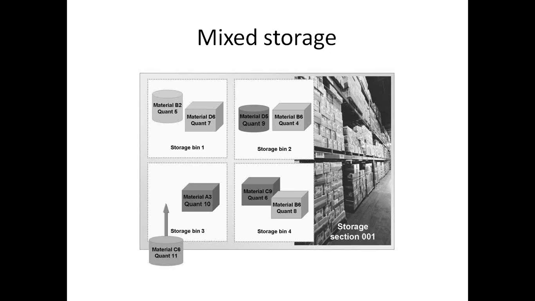It means that these materials B2 and D6 have different criteria, like the material number or stock type. If any one of the criteria is different, then a quant is created. A storage bin containing multiple quants is called a mixed storage bin. Got it?